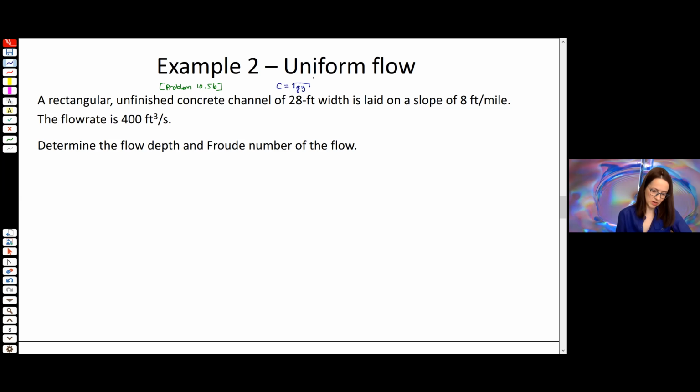Okay, so here we're going to use the Manning equation again, the same one that we used in the last example, but now we already know Q. We're trying to calculate some other things. First, let's draw a sketch of the type of flow situation we have.